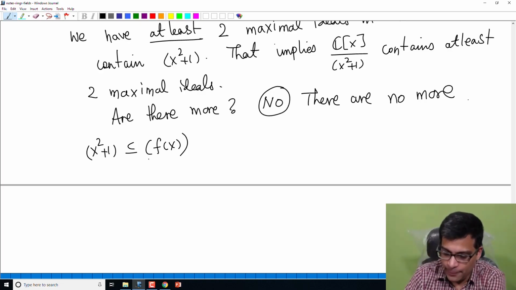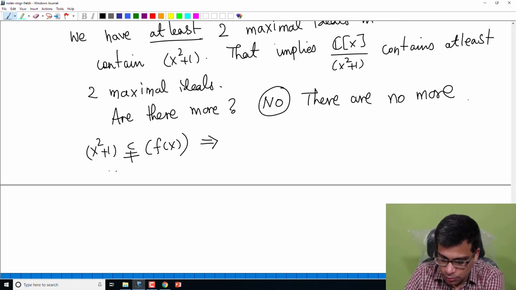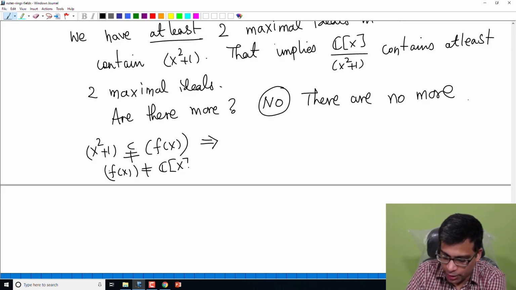And the reason is, if x squared plus 1 is contained in the ideal generated by f(x), and it's not equal to f(x), and let's say f(x) is also not equal to the full ring, it's not the unit ideal.